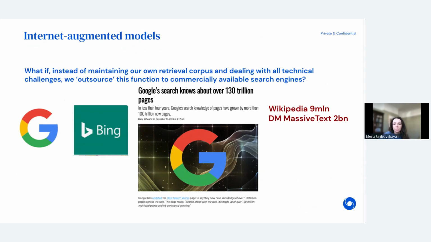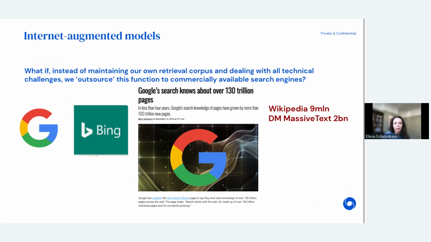DeepMind MassiveText contains 2 billion documents. And according to an article published in 2016, Google Search knows about over 130 trillion pages. So potentially, we can expand the information available to our models by several orders of magnitude.